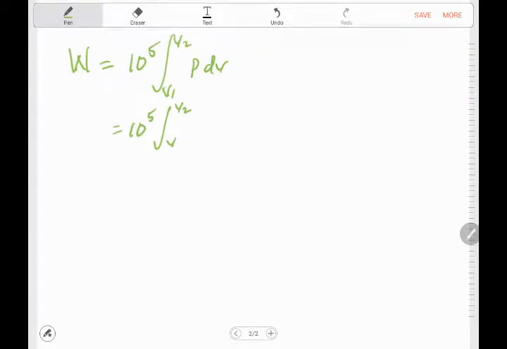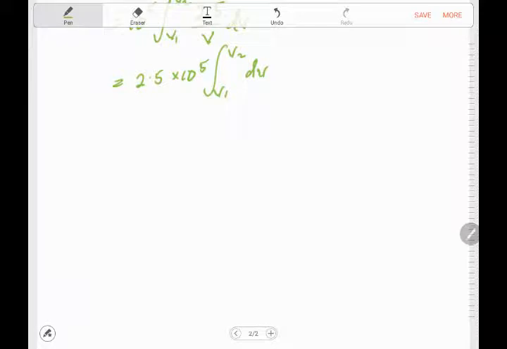So we're going to have 2.5 over V dV. Since 2.5 is constant, I can bring it out, times 10 raised to power 5, the integral from V1 to V2 of 1 over V dV.